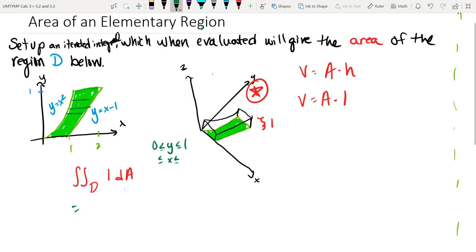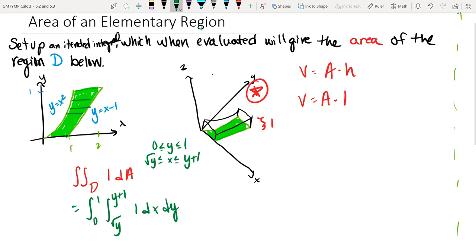On the lower end, we have the square root of y, and on the upper end, we have y plus 1. So integrating this, we get the integral from 0 to 1, and then root y to y plus 1 of 1, sorry, not dA, this would be dx dy.